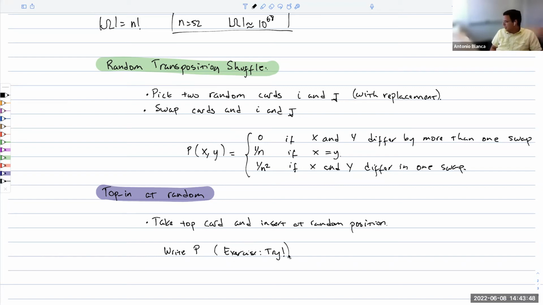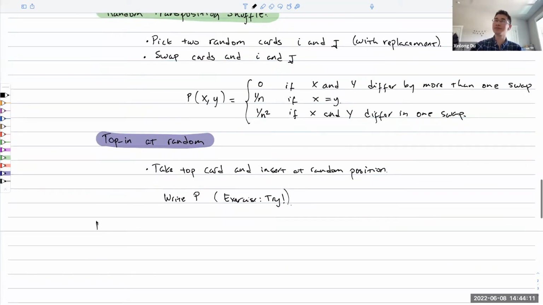So these are two very simple shuffles, but this is not how you shuffle cards. How do you shuffle cards with your friends when you're playing? I guess all of you will take the top half and the bottom half and just try to put them together. Exactly.